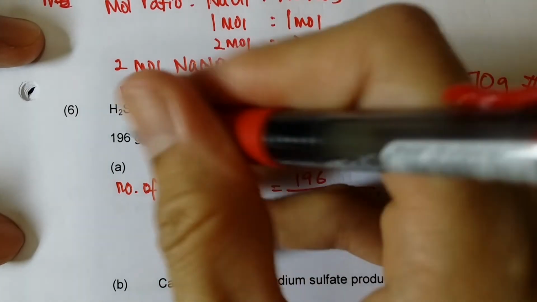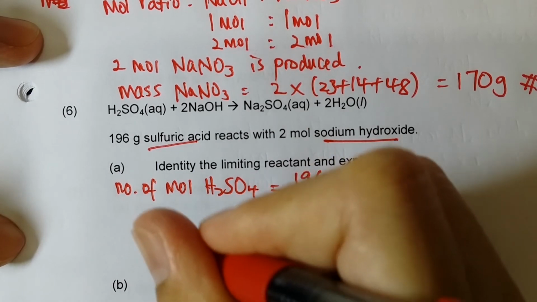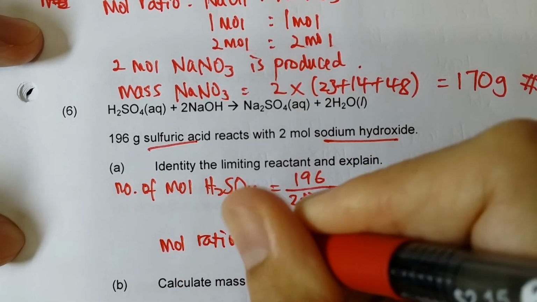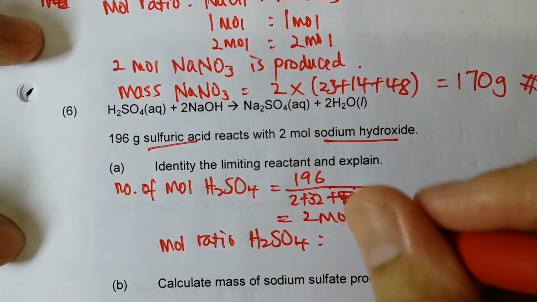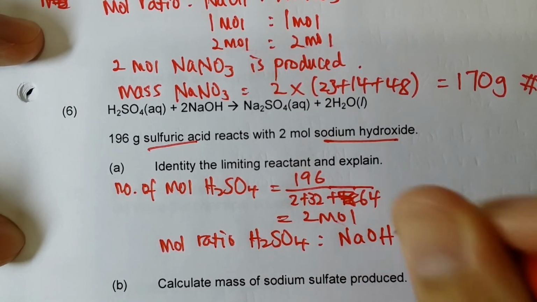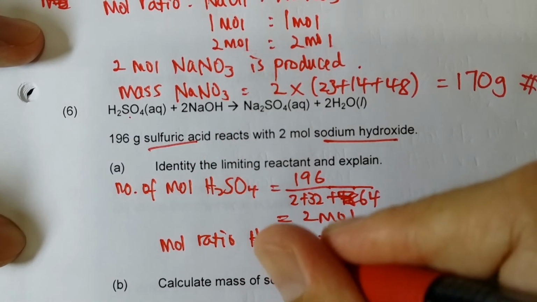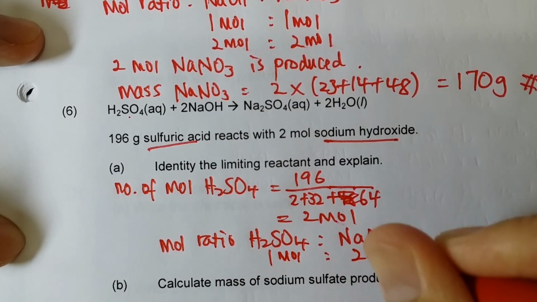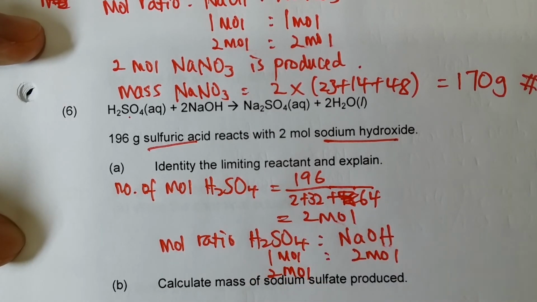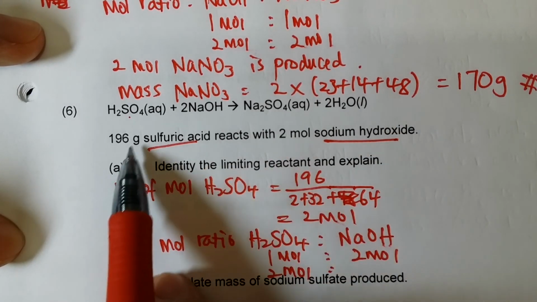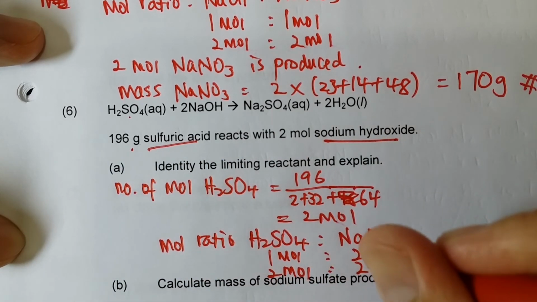So sulfuric acid, sodium hydroxide. The mole ratio of H2SO4 and sodium hydroxide is 1 mole to 2 mole. Now you have 2 mole and 2 mole.